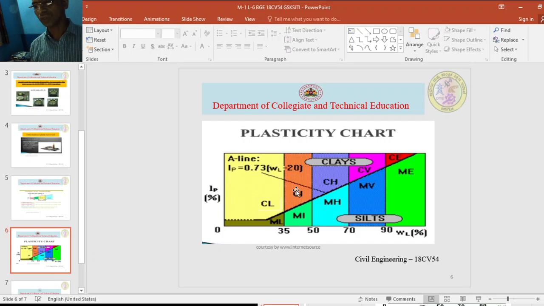This plasticity chart is divided at liquid limit at every 10 interval, but at 35% liquid limit and 50% liquid limit, 2 vertical lines are plotted, and these 2 vertical lines differentiate the lower compressibility, intermediate compressibility, and higher compressibility zones.